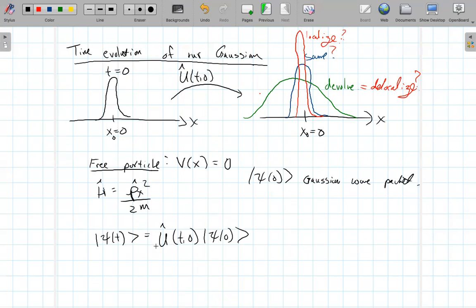Good. Now, in this case, what do we know? Since the Hamiltonian only depends on the momentum operator, what that means is that the momentum basis, which is an eigenstate of the momentum operator, also has to be an eigenstate of the Hamiltonian, which means that our energy eigenstate here is simply equal to our momentum basis.